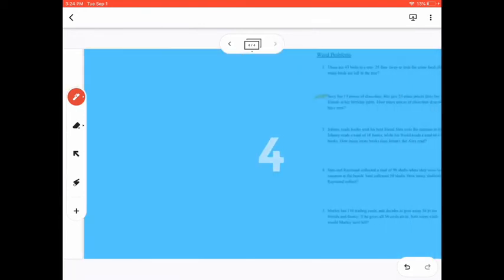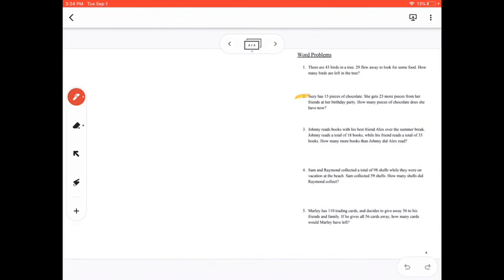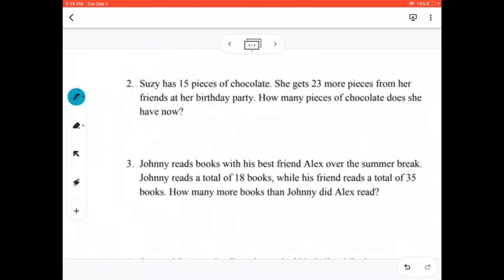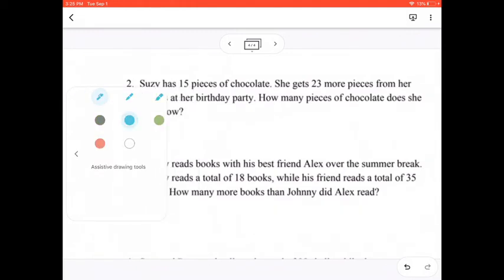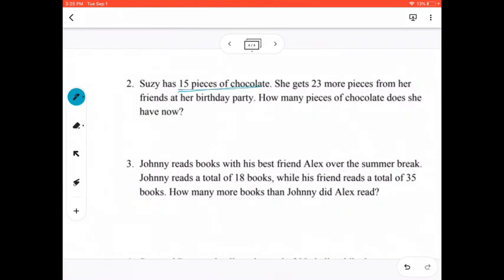Let's go on to the last and final page, and that is word problems. Susie has 15 pieces of chocolate. She gets 23 more pieces from her friends at her birthday party. How many pieces of chocolate does she have now? So Susie started with 15 pieces of chocolate.